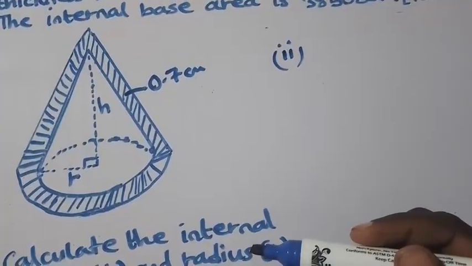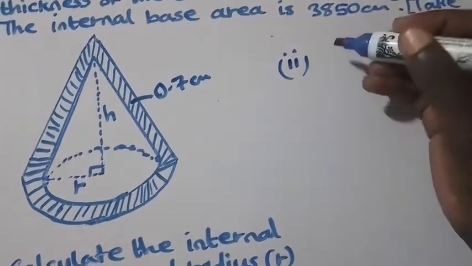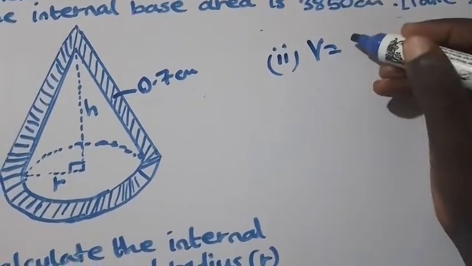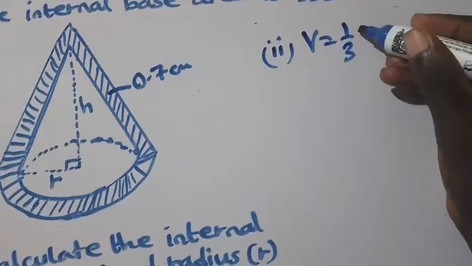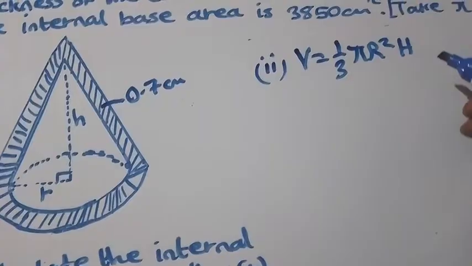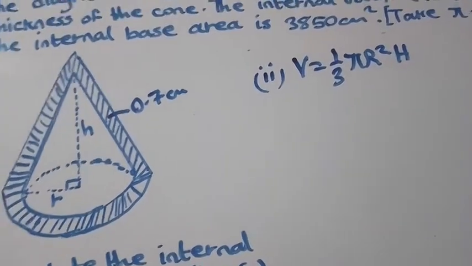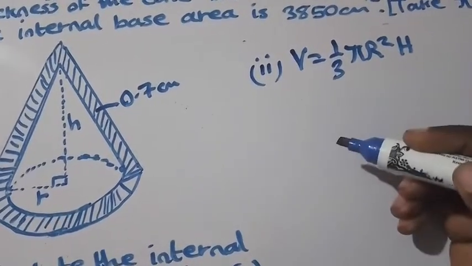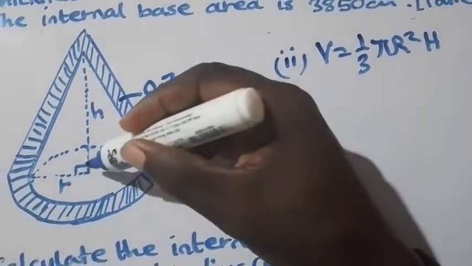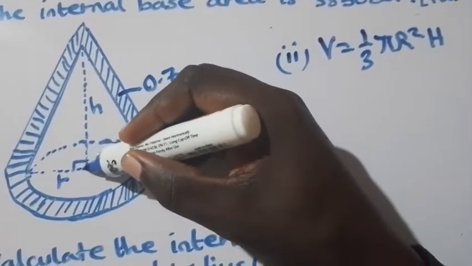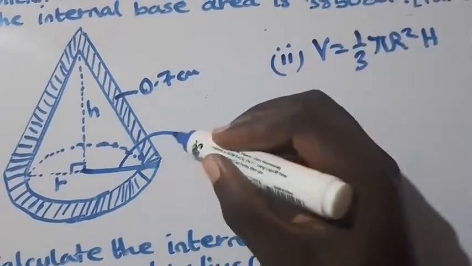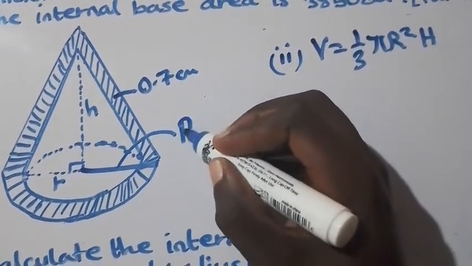So now to calculate the volume of the outermost cone, we need to apply this formula. This is volume equal to 1/3 pi R squared H. So we need to use capital letter R and capital letter H. Now for capital letter R, we need radius from this point up to that point.